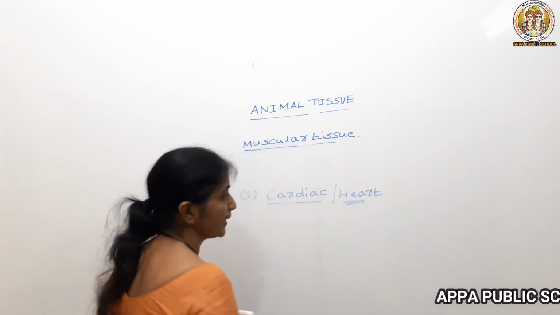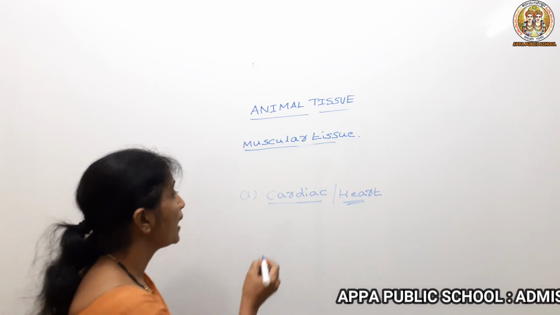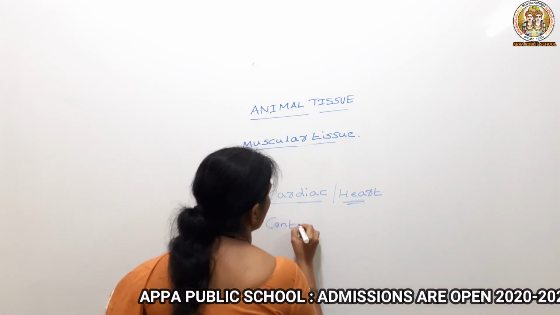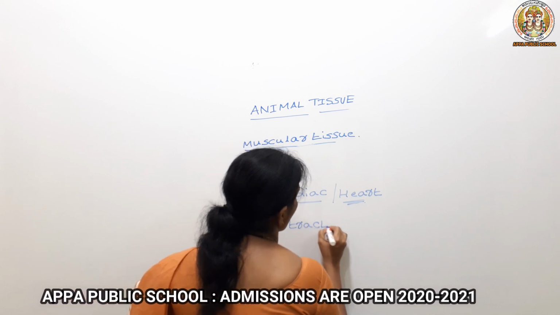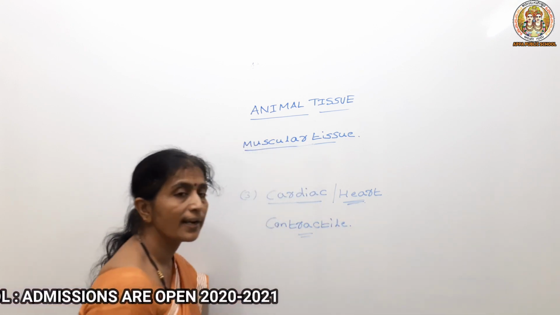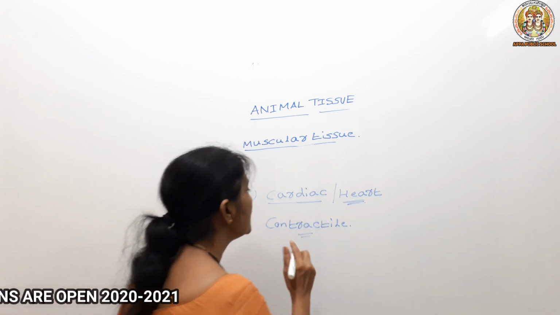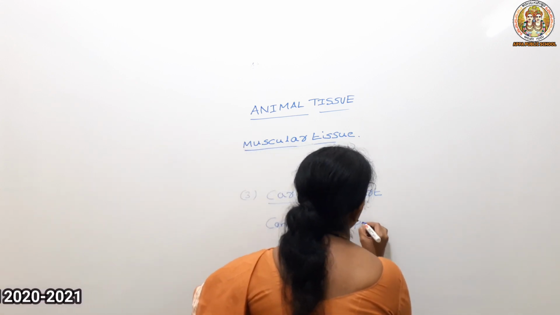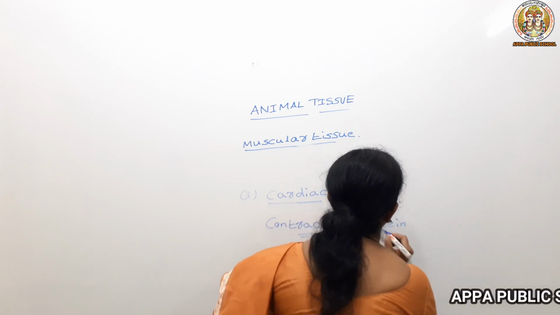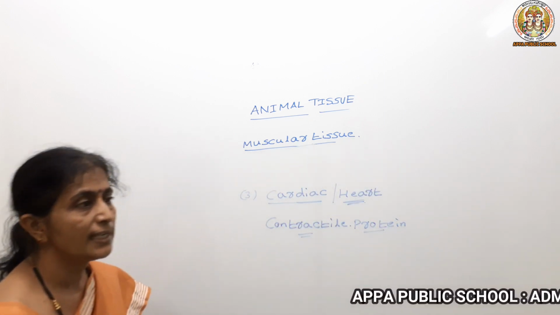The main speciality is that, due to the contractile protein, it can contract and relax continuously. The rhythmic contraction and relaxation can be seen. Due to this, the blood which is pumped by the heart can be supplied to each and every part of our body.